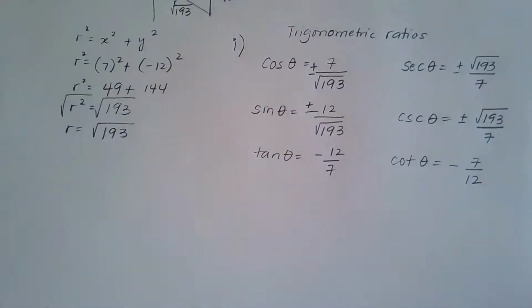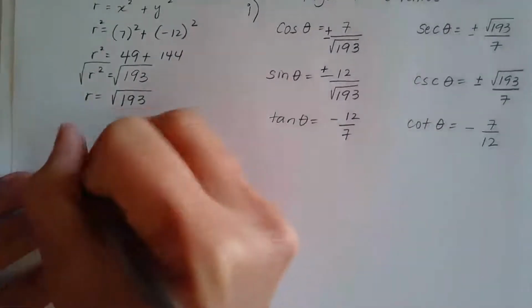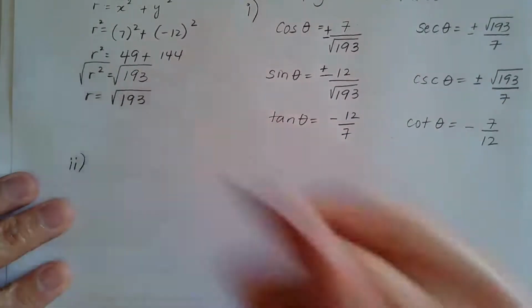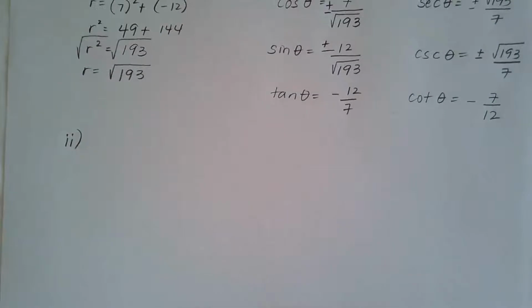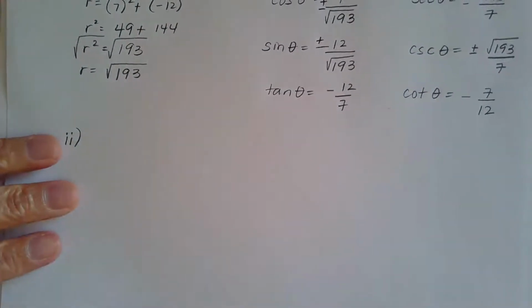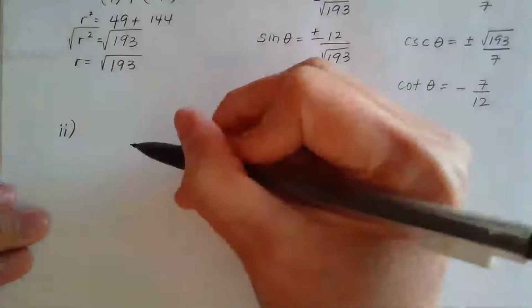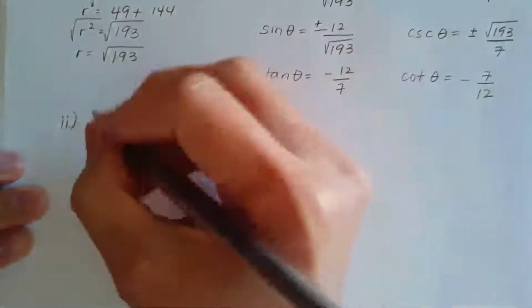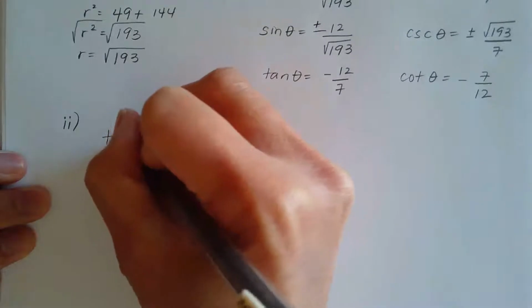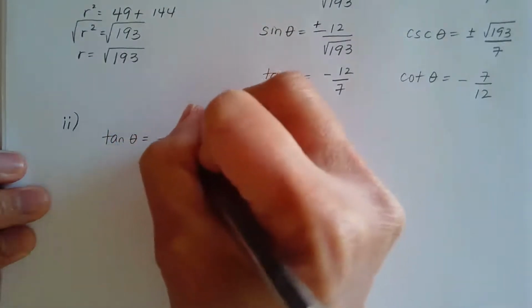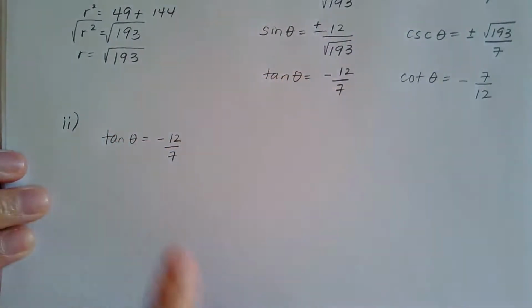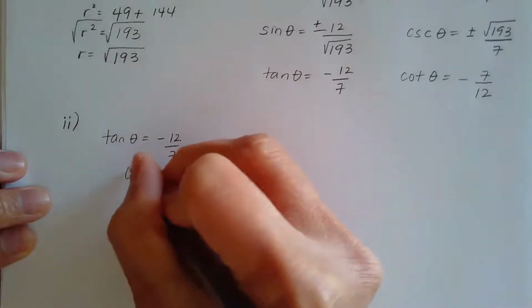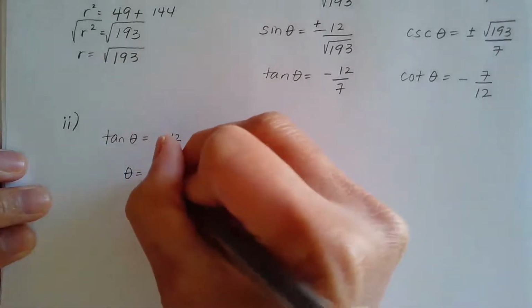Now for part 2, we're going to look for the angles. So what are the angles in this particular case? Tangent theta is equal to negative 12 over 7. To figure out theta, we're going to take the tan inverse of each side of the equation.